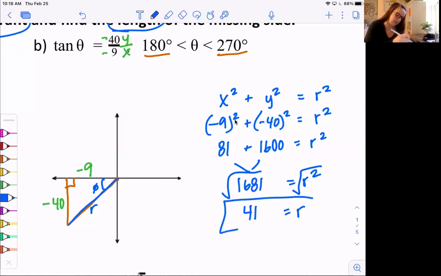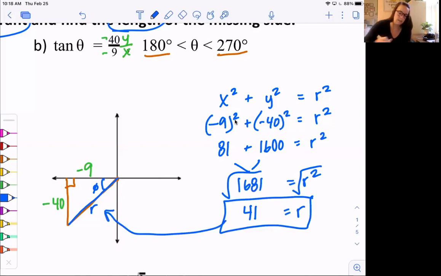It's going to be right here. So instead of r, I'm going to have 41 as my answer. So the first part of my answer is the graph, and the second part of my answer is the missing side.